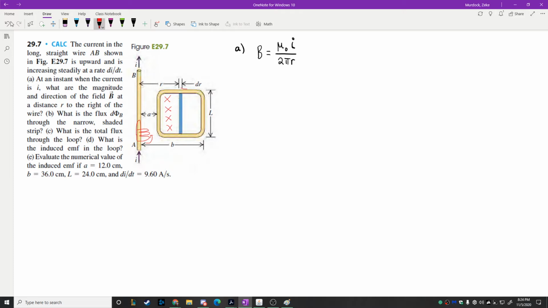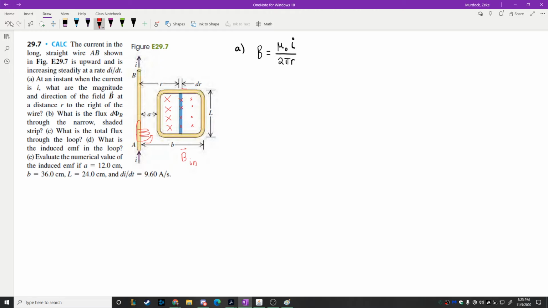It gets smaller as you get farther away, because it falls off as 1 over r. So that would be the value of the magnetic field, pointing into the page.